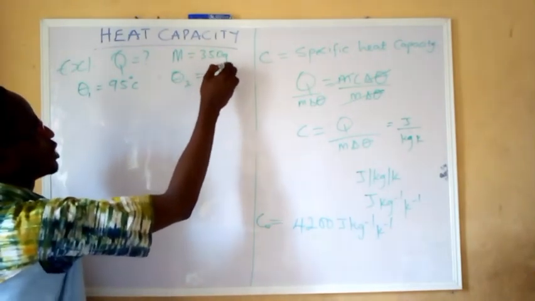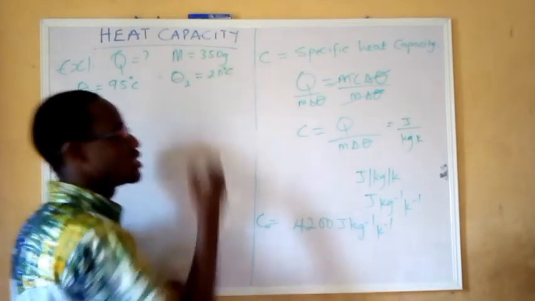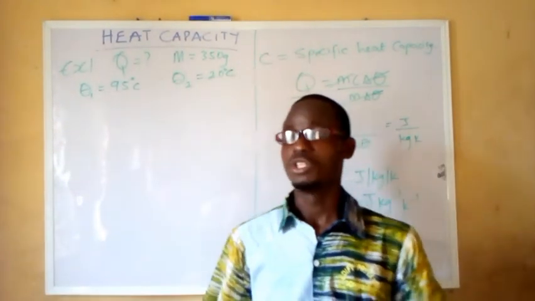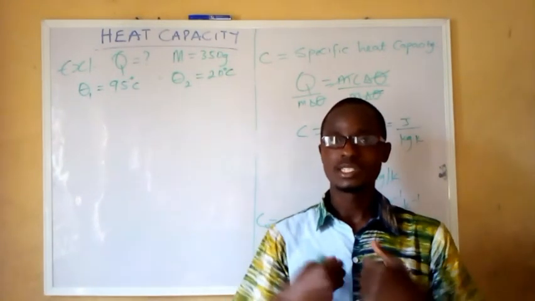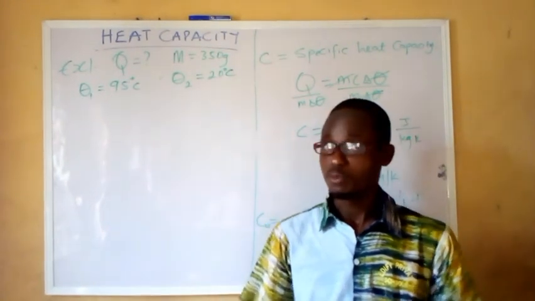So from here we can see that heat is not supplied to that body. Heat is removed from the body. It is being extracted from the body in the process of cooling.